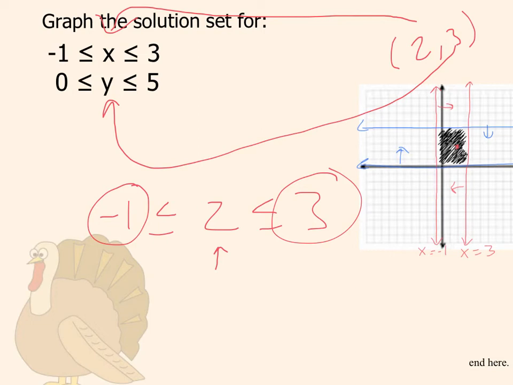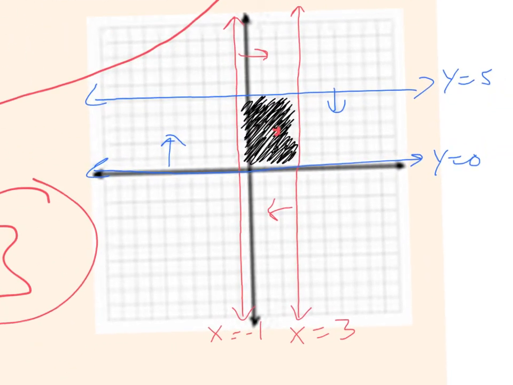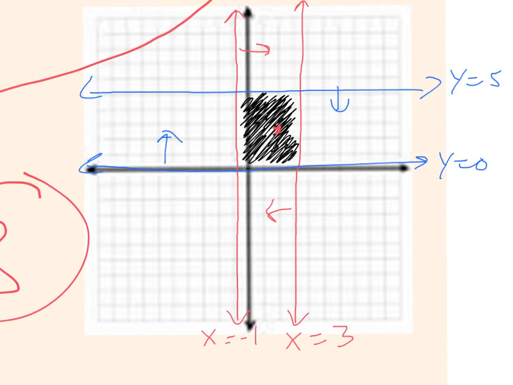Let's do the same thing with the y value. Is 3 between 0 and 5? Indeed it is. 3 is bigger than 0, but it is smaller than 5. Any point that I pick from that little shaded rectangle would satisfy both of those inequalities. It works for both.